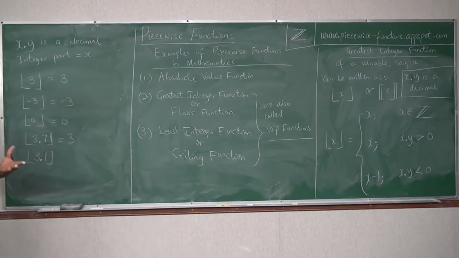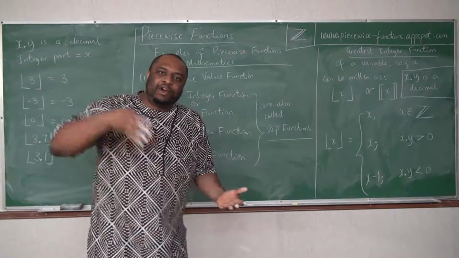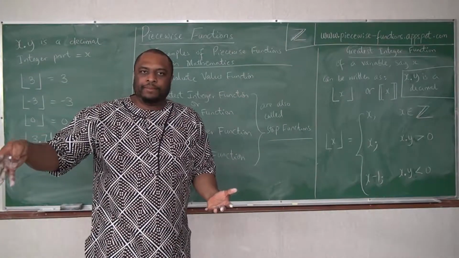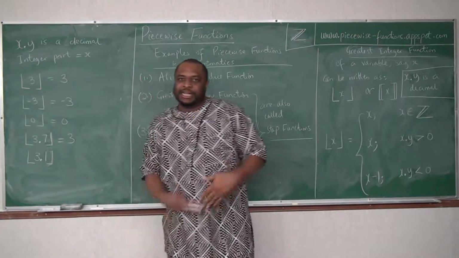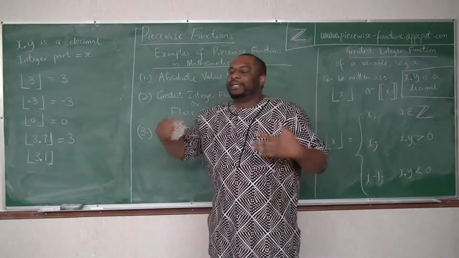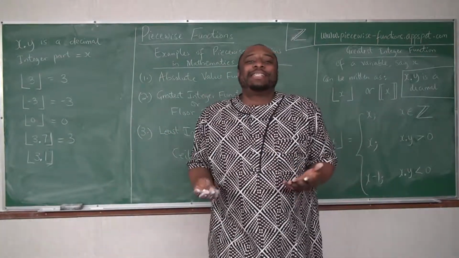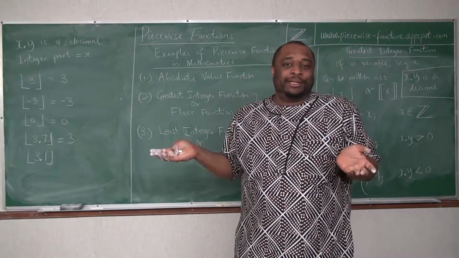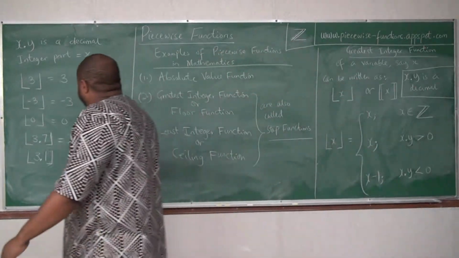The definition of the greatest integer is the greatest integer that is less than or equal to that number. In this case, we don't have any integer that is equal to 3.1, so you ask yourself, what is the greatest integer that is less than 3.1? The integer is 3. So this gives you 3.